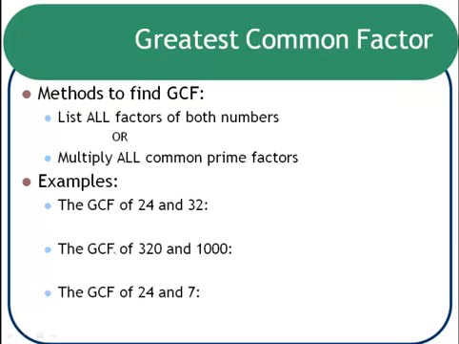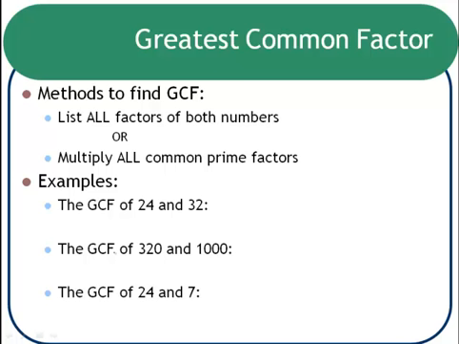But anyway, how do we find these numbers? Well, there are two ways that you can find the greatest common factor that I can think of off the top of my head. One is, let's just list all the factors of both numbers and look for the biggest number that's in both lists. That can be okay, but it also finds a whole bunch of numbers that we don't really need. Or another way is to use prime factorization.